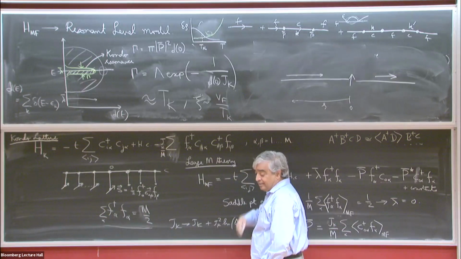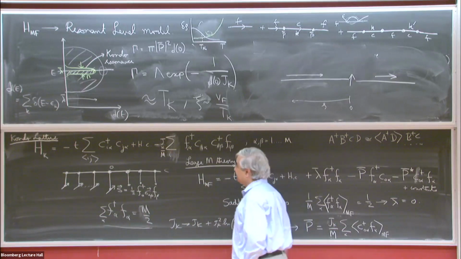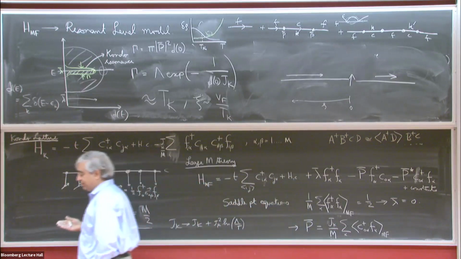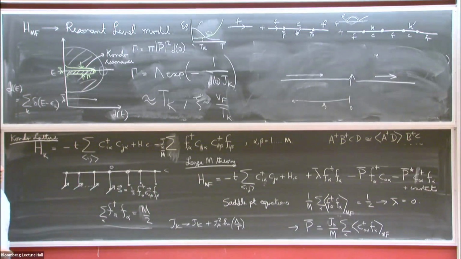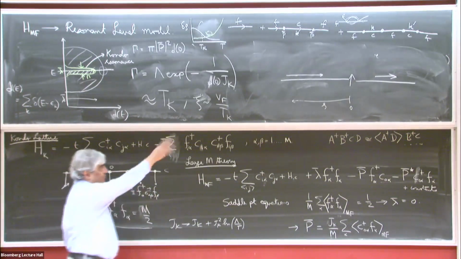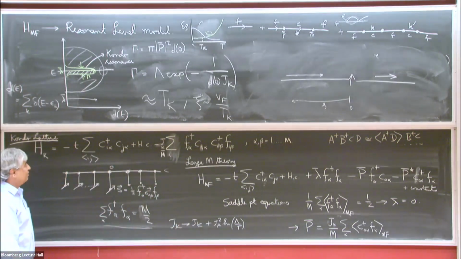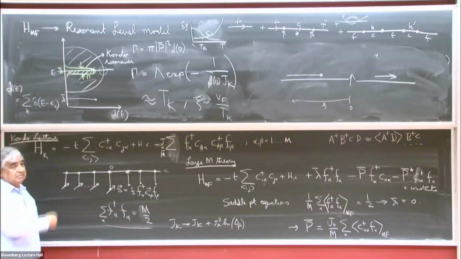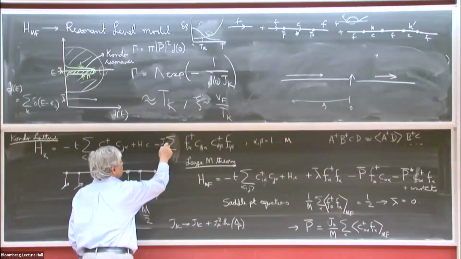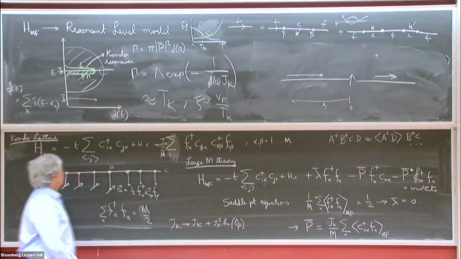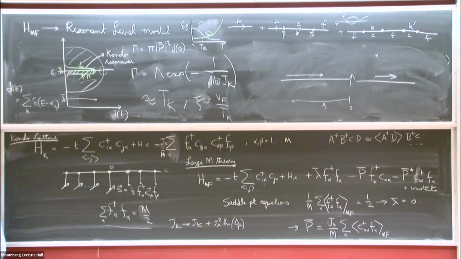The model now has complete translational symmetry, so momentum will be a good quantum number, unlike what we talked about before. It doesn't map onto any boundary conformal field theory or anything like that. It's really a model of a strongly interacting metal in d spatial dimensions. Okay, so that's the Kondo lattice model here.